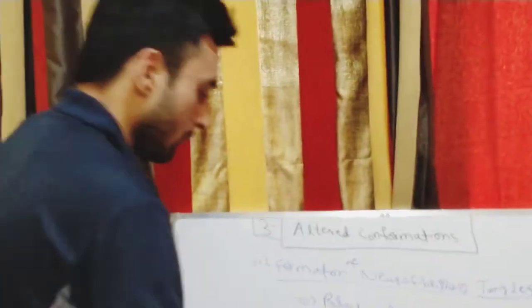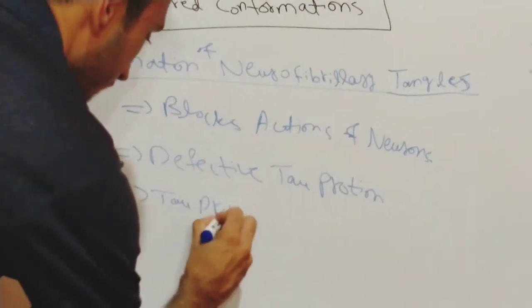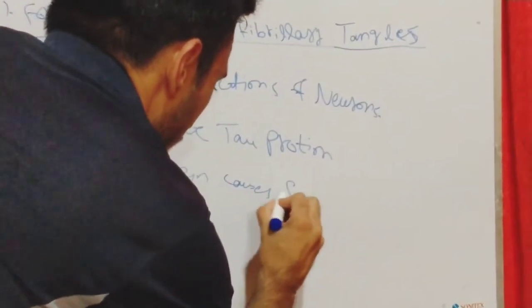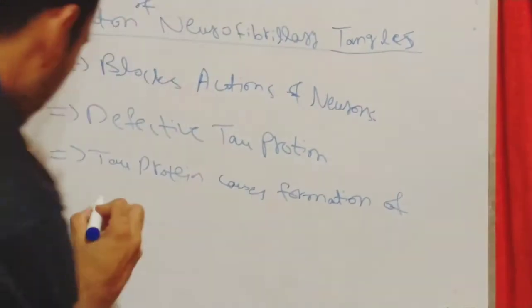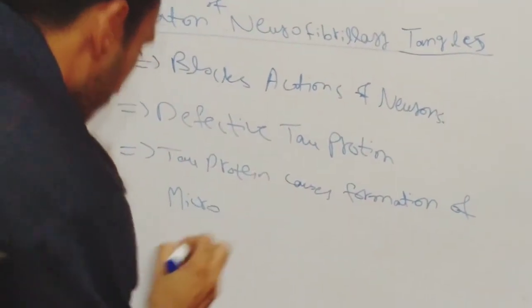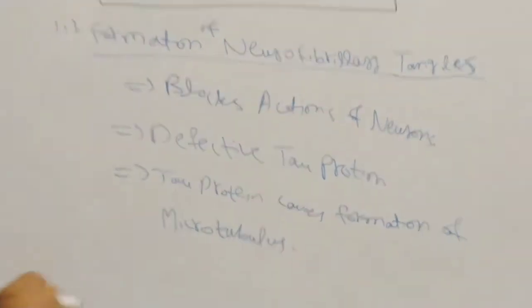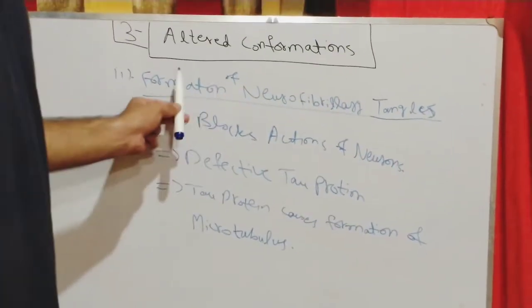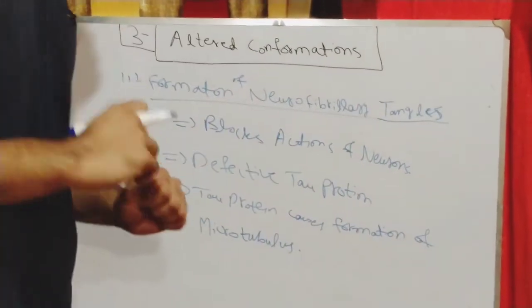When the tau protein is in its normal form, it causes the formation of microtubules, and we know that microtubule is a very essential component in formation of the spindle fibers. So the defective tau protein causes the formation of neurofibrillary tangles, which block the action of neuron, ultimately causing the Alzheimer disease.